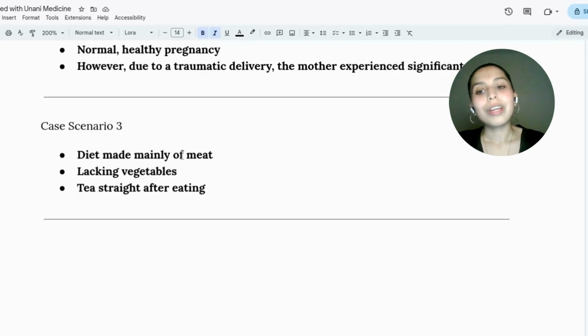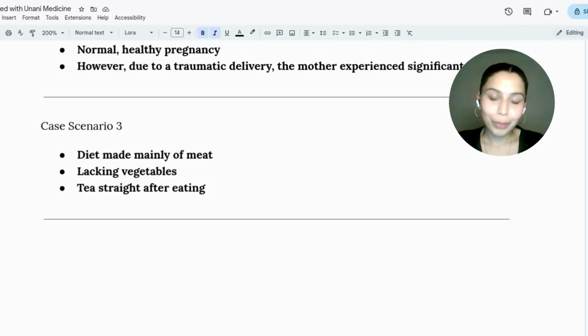the scenario 3, the diet is mainly of meat and it lacks vegetables. So it's meat, there's a lot of iron in the diet, but it lacks vegetables, so there aren't adequate sources of the trace minerals that are also required for healthy red blood cell formation.